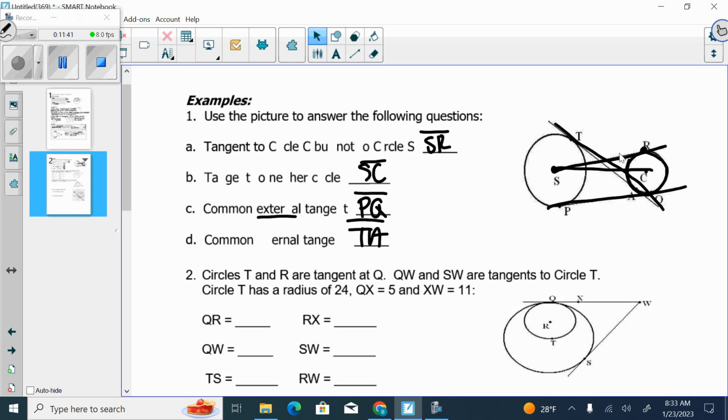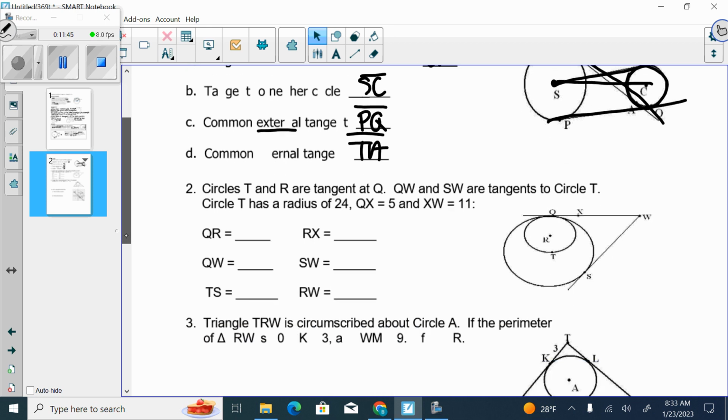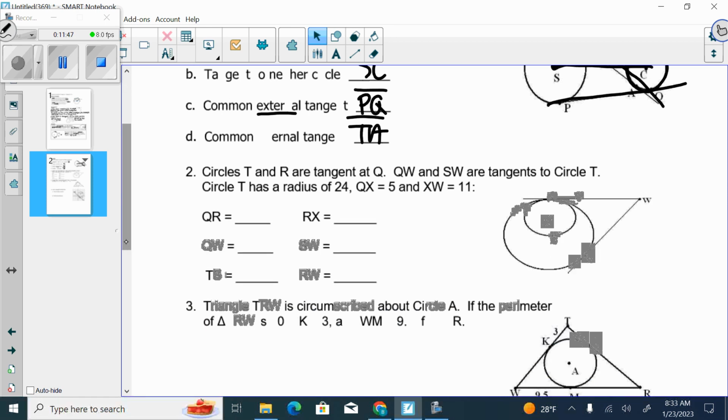Okay. So now that we can identify tangents, internal, external, all the things, let's actually solve for some missing pieces. So on number 2, it says circles T and R are tangent at point Q. So this circle right here with point R in the middle and the circle with T in the middle are tangent at point Q, it says.